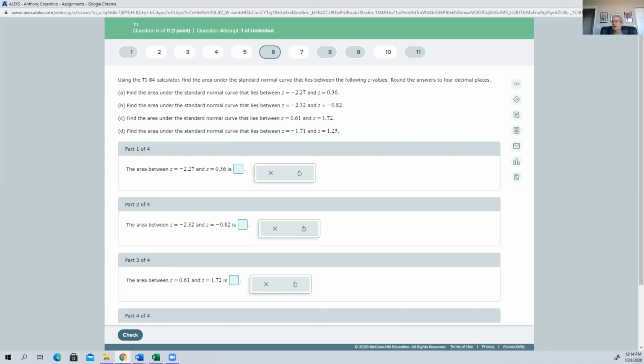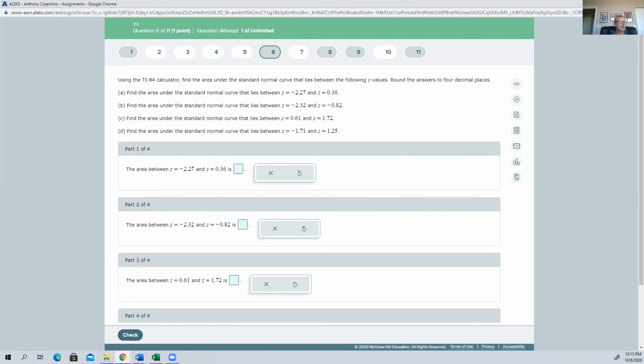The first one says, find the area underneath the standard normal curve that lies between these two z values. And so I'm just going to write these down: z equals minus 2.27, and then z equals plus 0.36.